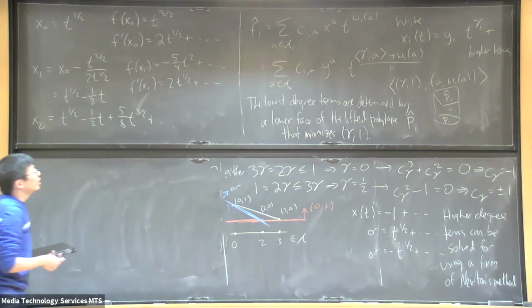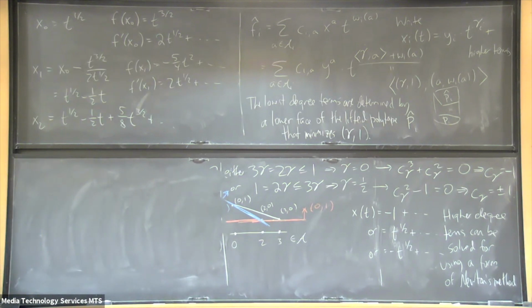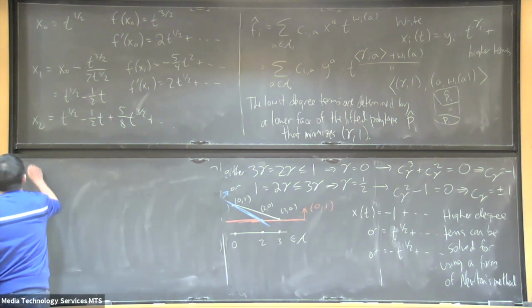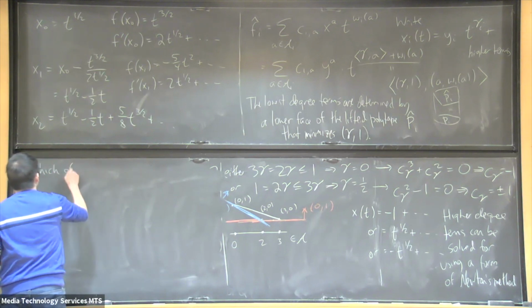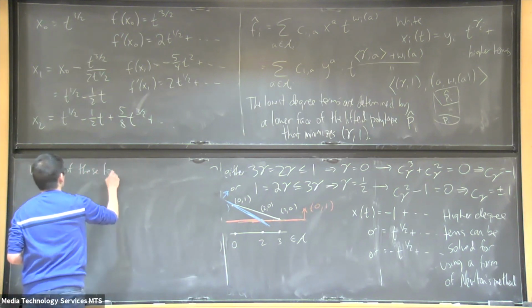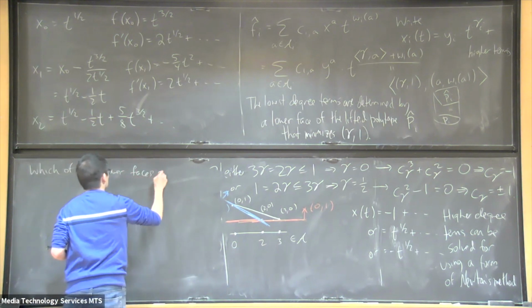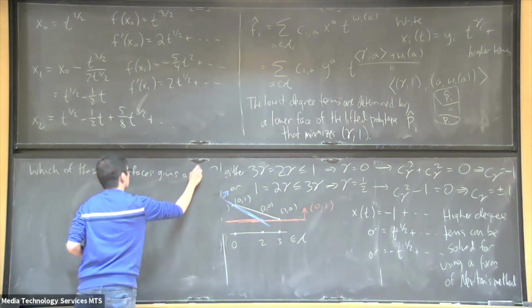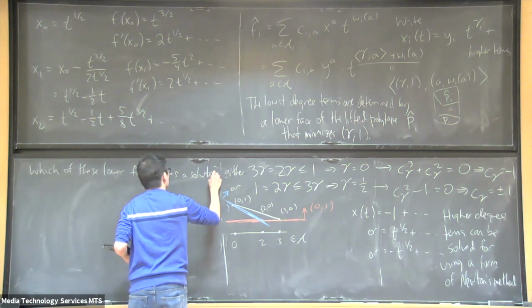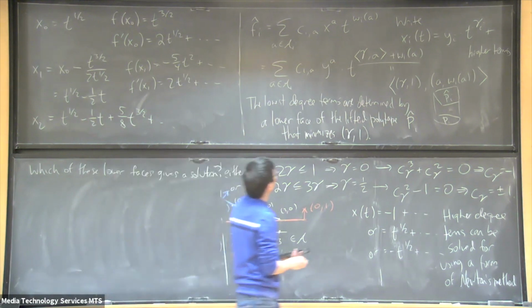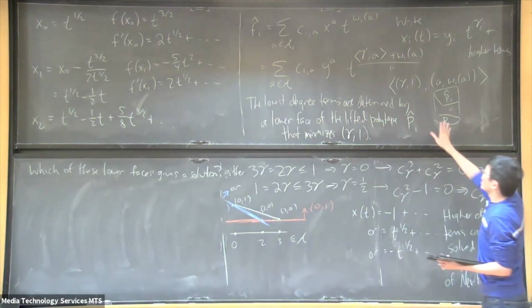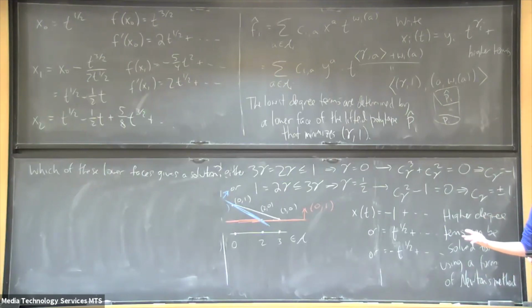Okay, so now I have to figure out which of the lower faces I can actually find a solution for. Because remember, once I find the lower faces, I need the coefficients to cancel out appropriately, right?